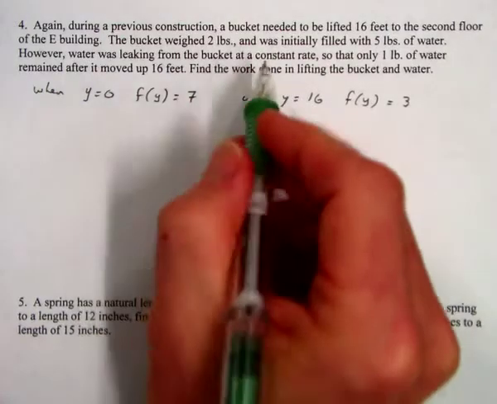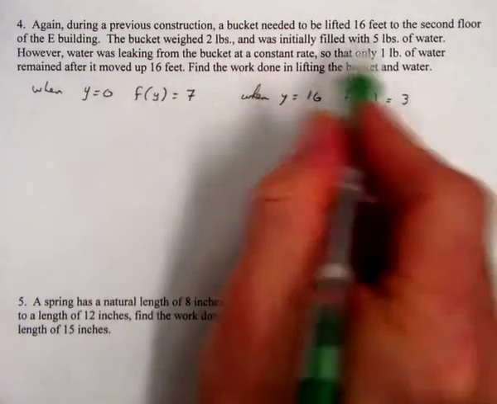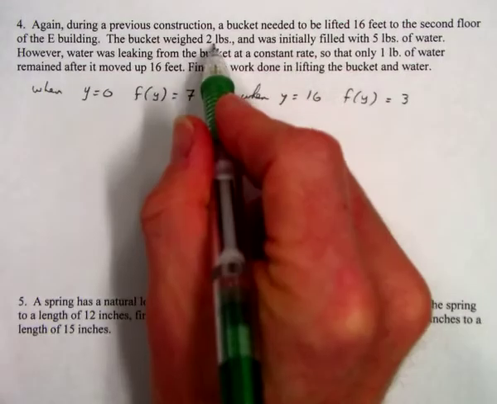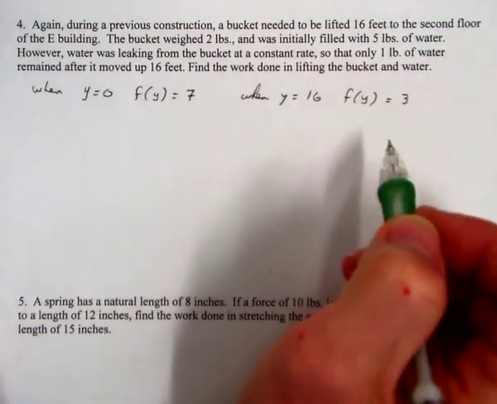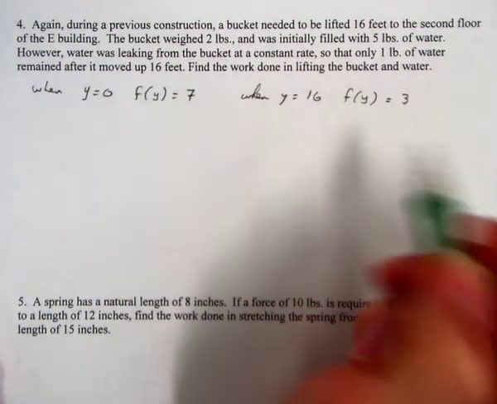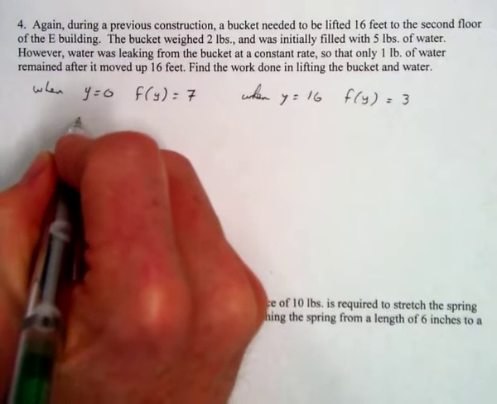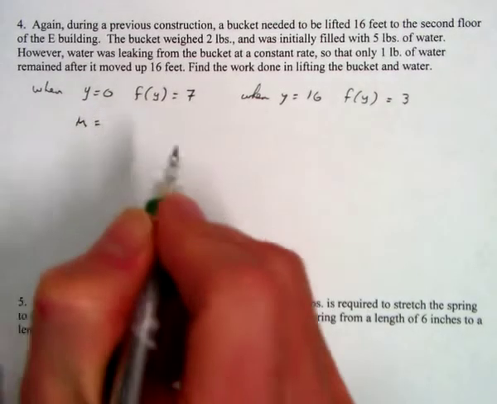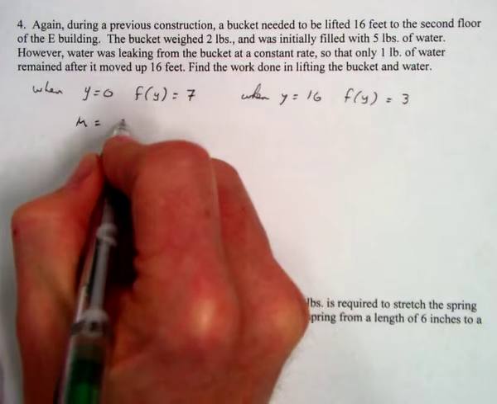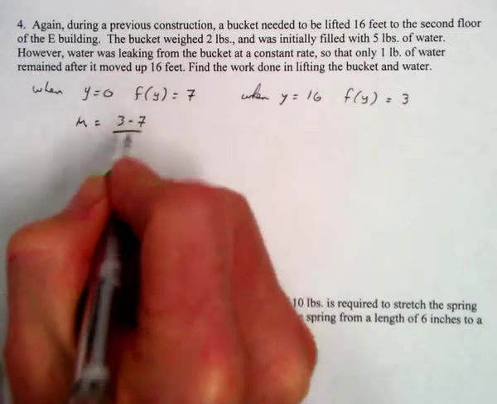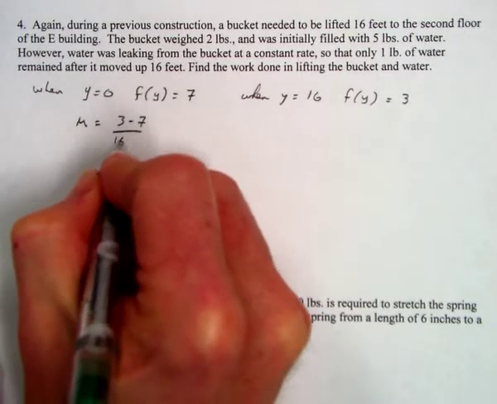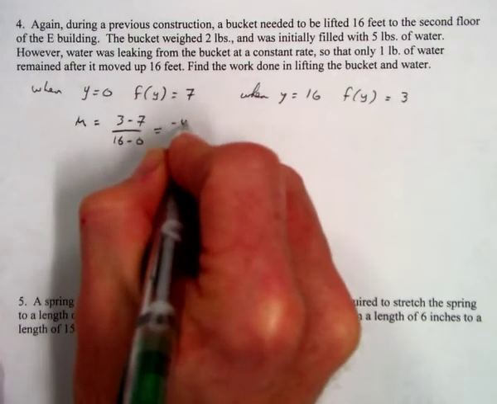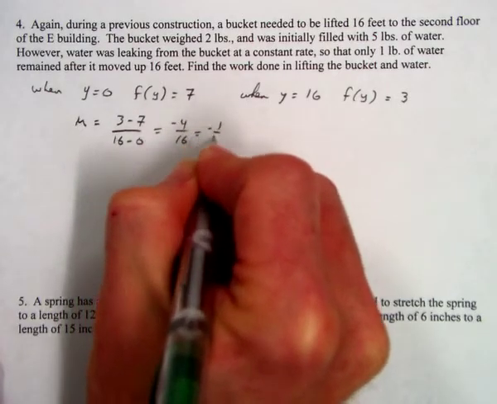Just to make sure it's all clear, it's 7 pounds because it's 2 pounds plus 5 pounds of water. And at the top, there's only 1 pound of water, and the bucket's 2 pounds, so that's a total of 3. So since this is a linear relationship, all we need to do is find the equation of the line. The slope equals 3 minus 7 divided by 16 minus 0 to get negative 4 over 16, or negative 1/4.